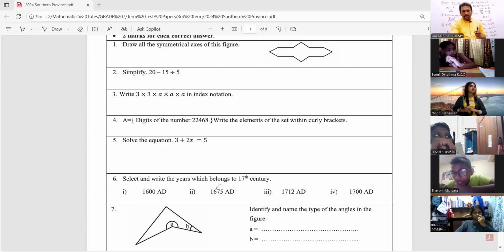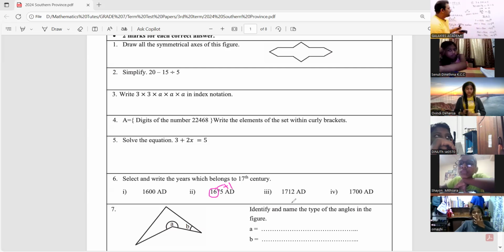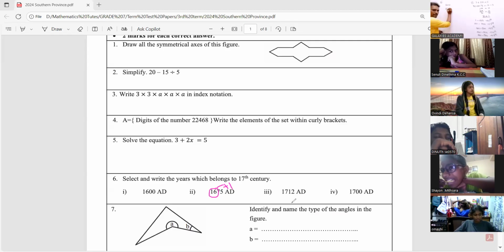First 2 digits, then you have to add 1, right? Okay, I will do it here. The 4 years given: 1600, 1675, 1712 and 1700.